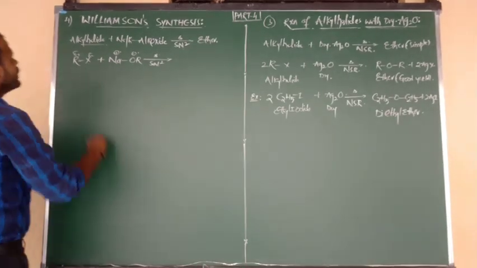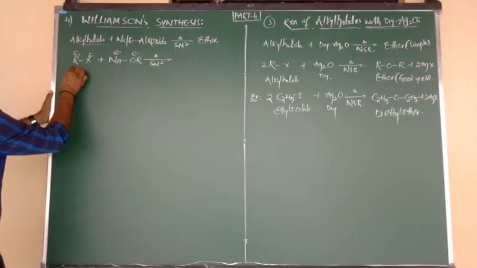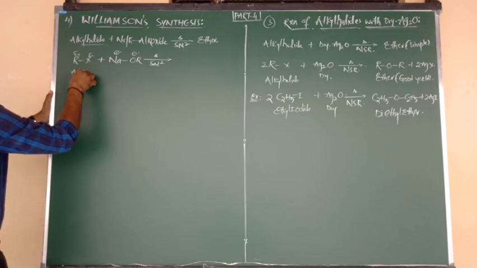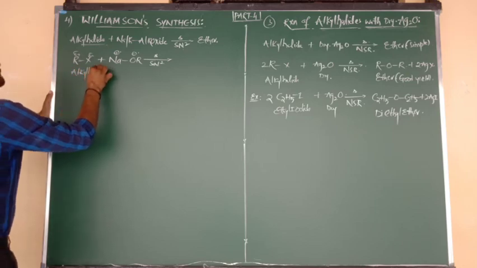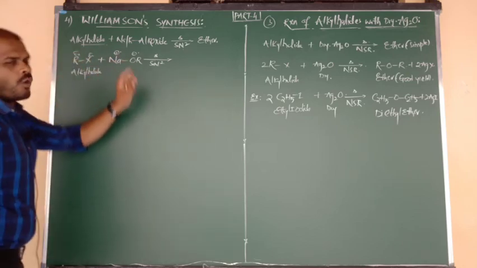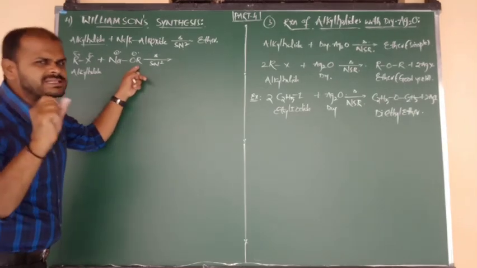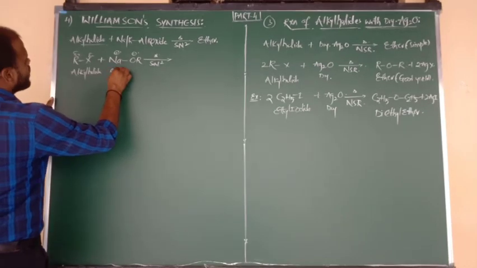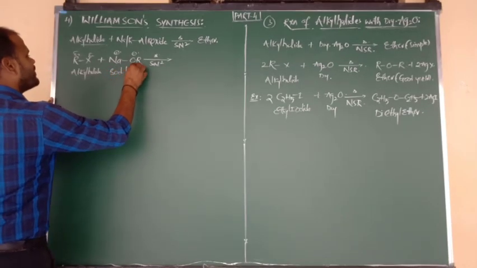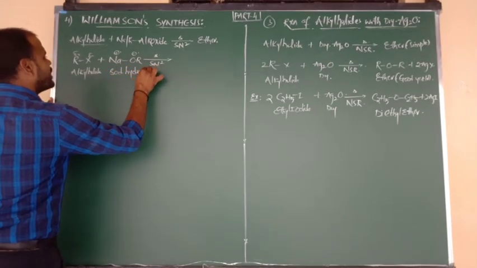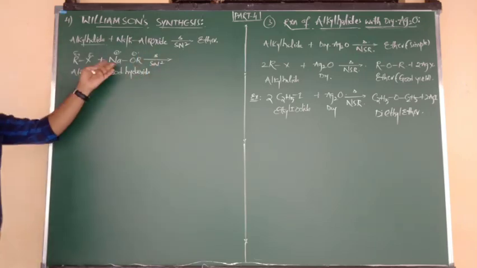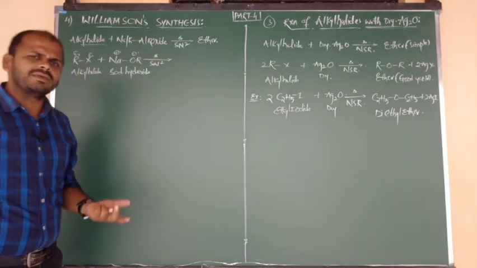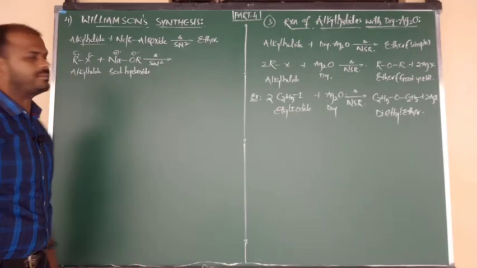Okay, good. So RX, what do you mean by RX, beta? Alkyl halide. NaOR, OR is nothing but the alkoxide ion. Which alkoxide? Sodium alkoxide. If in place of Na you write K, simply we can say potassium alkoxide.